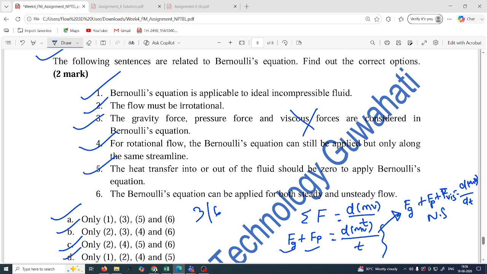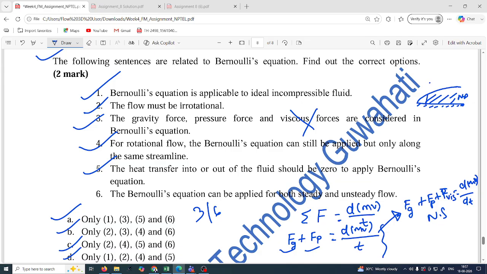So that's the main reason behind it. If you are going to solve the boundary layer concept, you want to apply the Navier-Stokes equation or Bernoulli equation. Because viscous effect is dominating within the boundary layer, here you cannot apply the Bernoulli equation, here you can apply the Navier-Stokes equation.